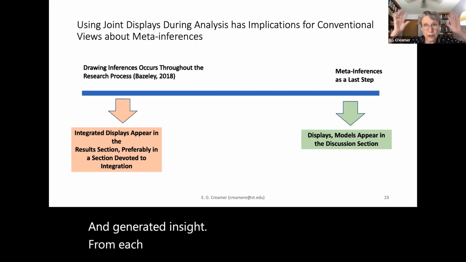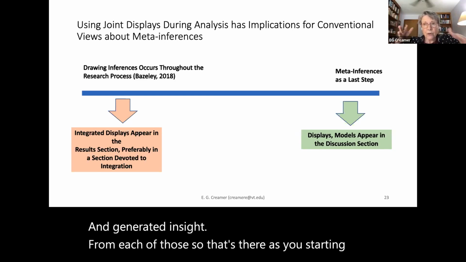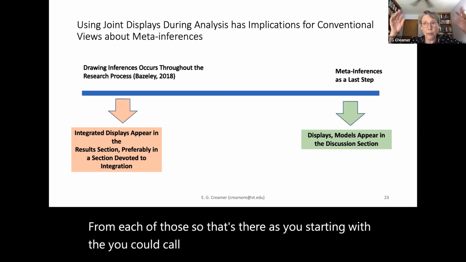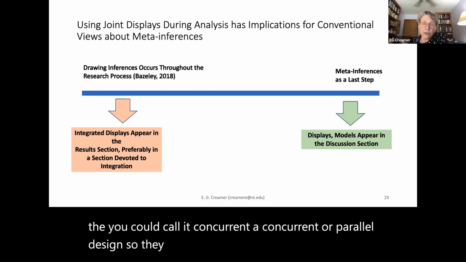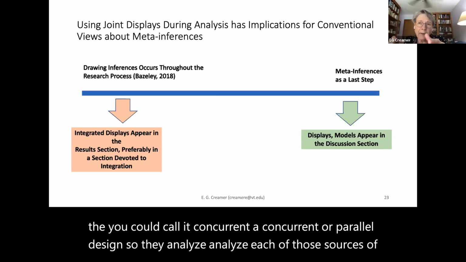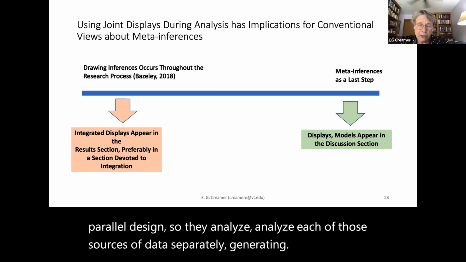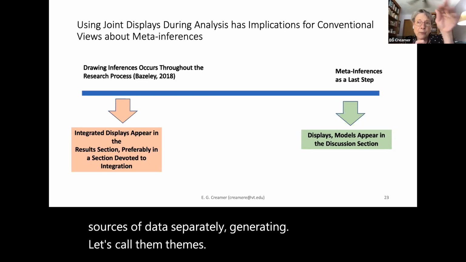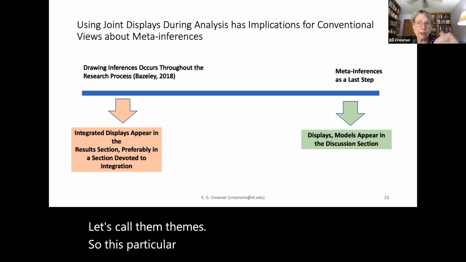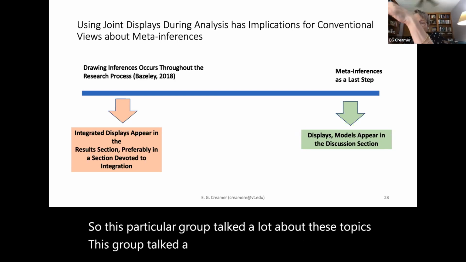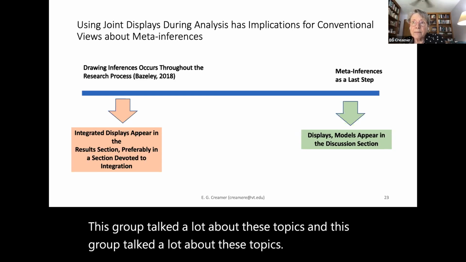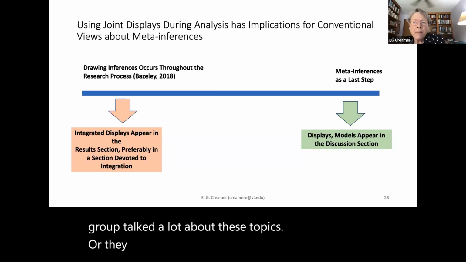So you could call it a concurrent or parallel design. They analyze each of those sources of data separately, generating, let's call them themes. So this particular group talked a lot about these topics, this group talked a lot about these topics, and this group talked a lot about these topics. Or they emphasize these topics.